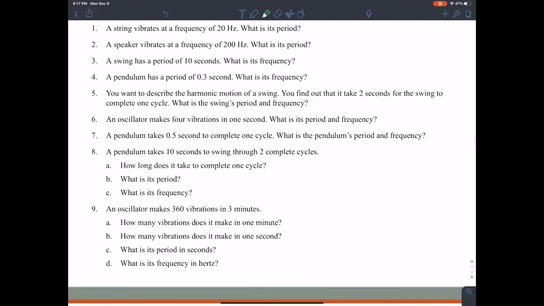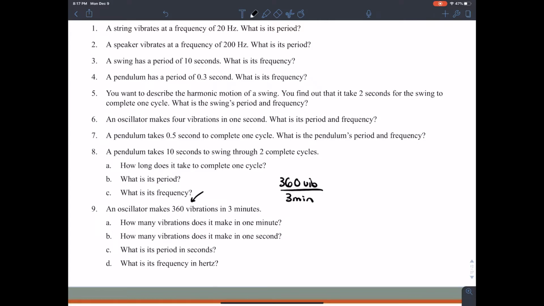Okay, we have number 9. It says an oscillator makes 360 vibrations in 3 minutes. Now, this right here, that's the number of vibrations in 3 minutes. It says, letter A, how many vibrations does it make in 1 minute?